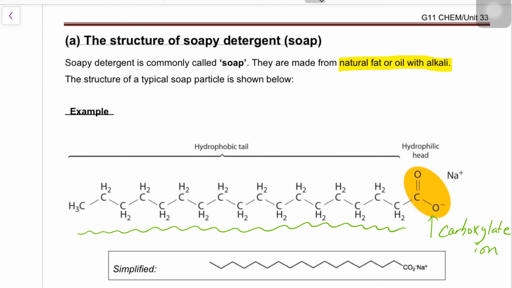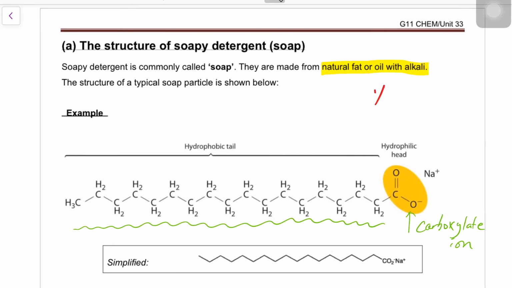But remember, paraffin oil is not a kind of natural fat or oil. Paraffin oil is not included, so do not use paraffin oil or petroleum. Well, they are natural, yes, but they are not included here.